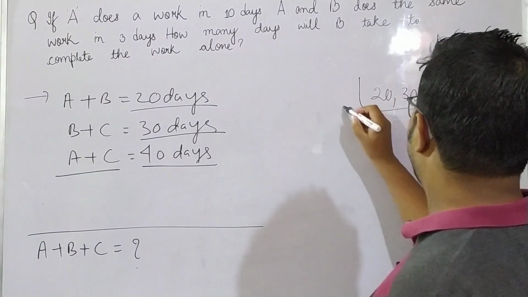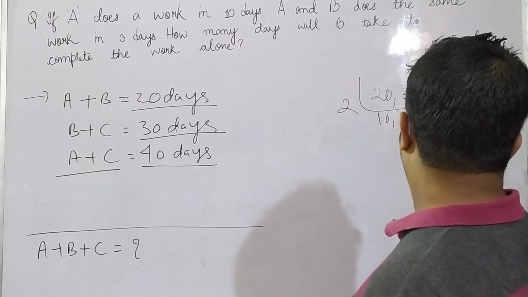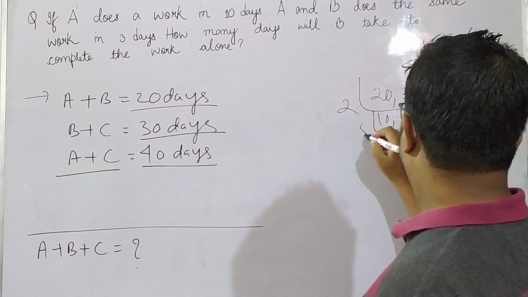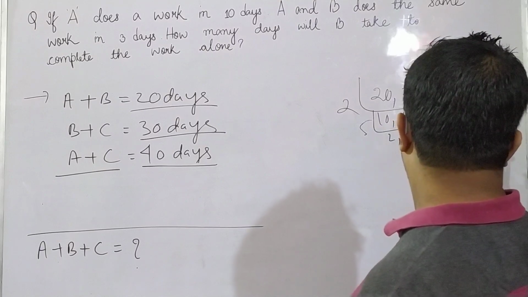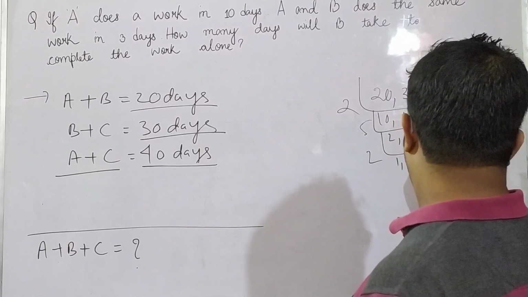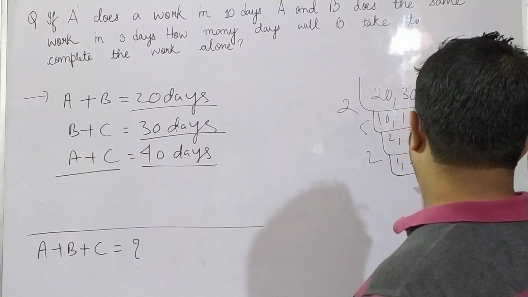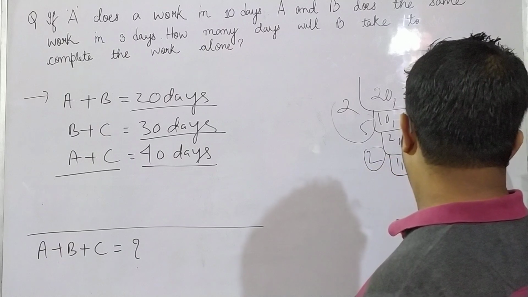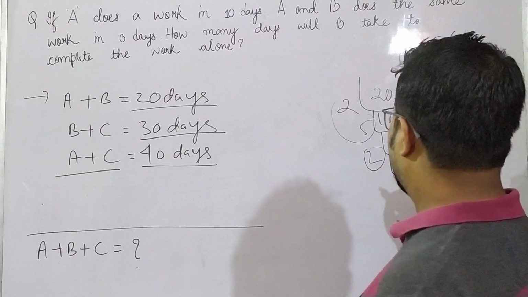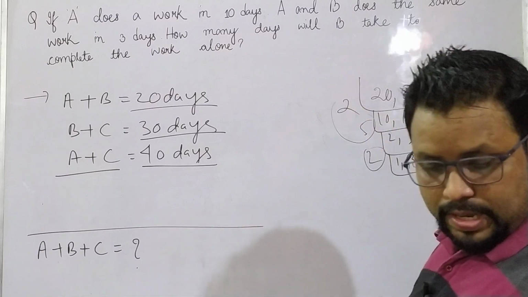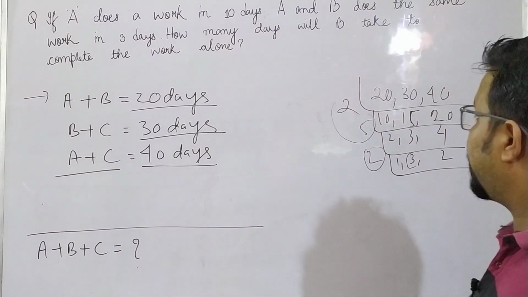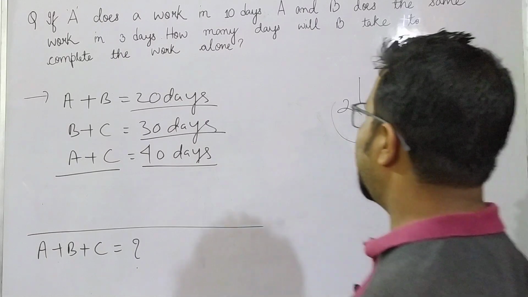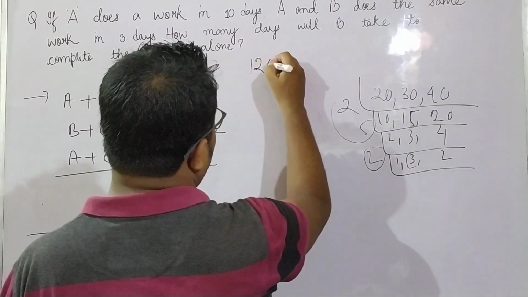So how much will it be? LCM of 20, 30, 40 is 120.